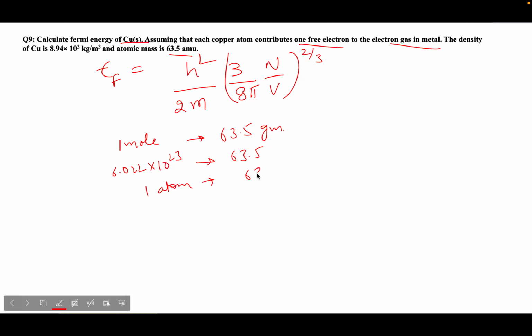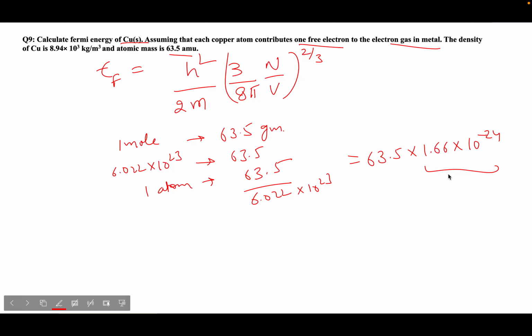Mass of one atom will be 63.5 divided by 6.022 into 10 to the power 23. So we can simply calculate this: 1 divided by 6.022 is equal to 1.66 into 10 to the power minus 24.